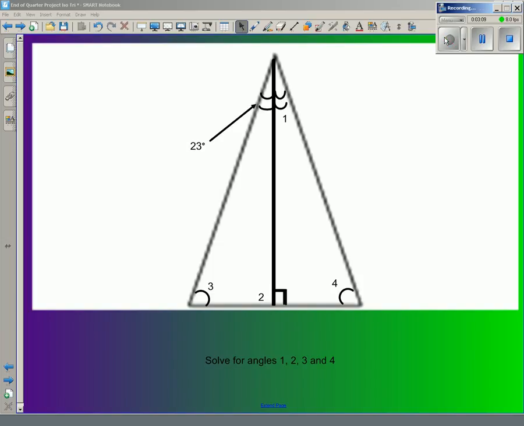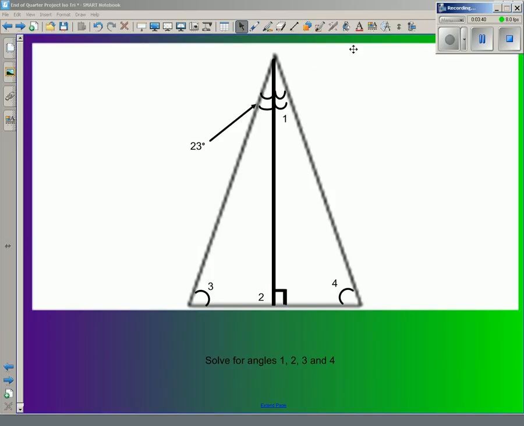Angles 3 and 4 are 67 degrees because 23 plus 90 equals 113, and 180 minus 113 equals 67 degrees, and they're both 67 degrees because they are congruent angles, because the base angles are the same.